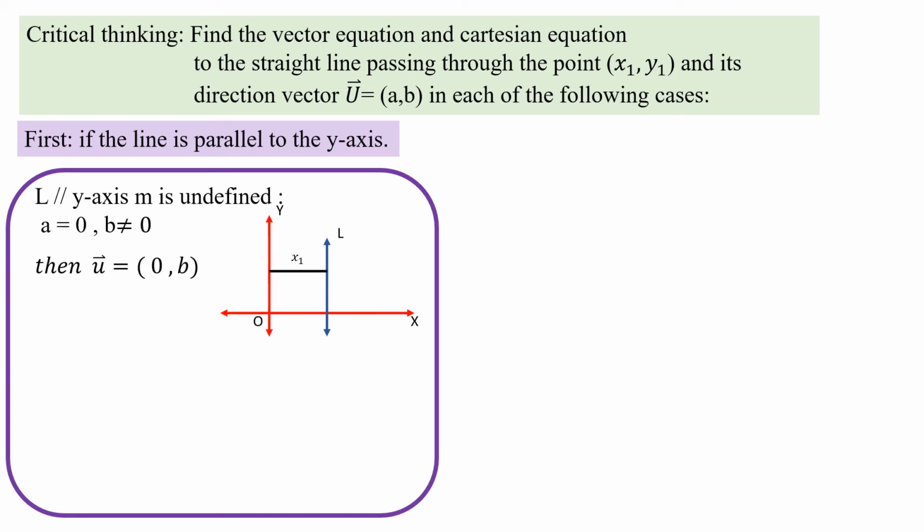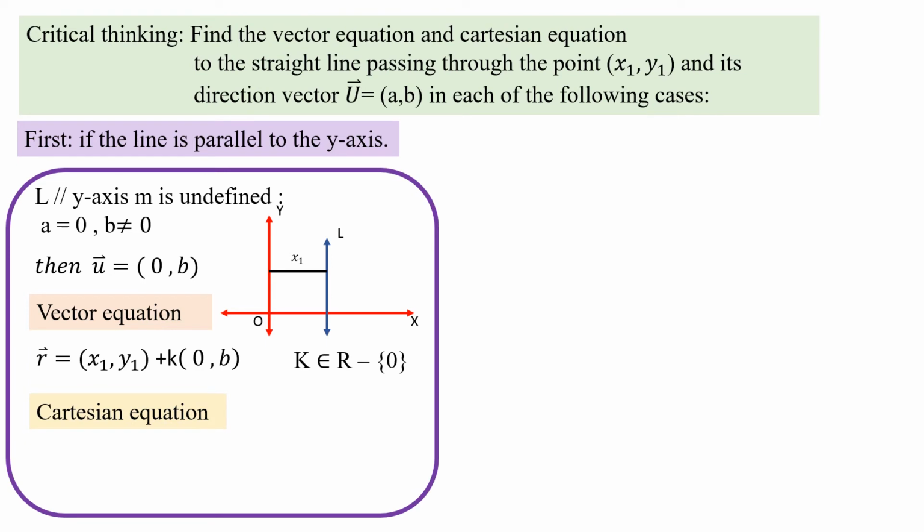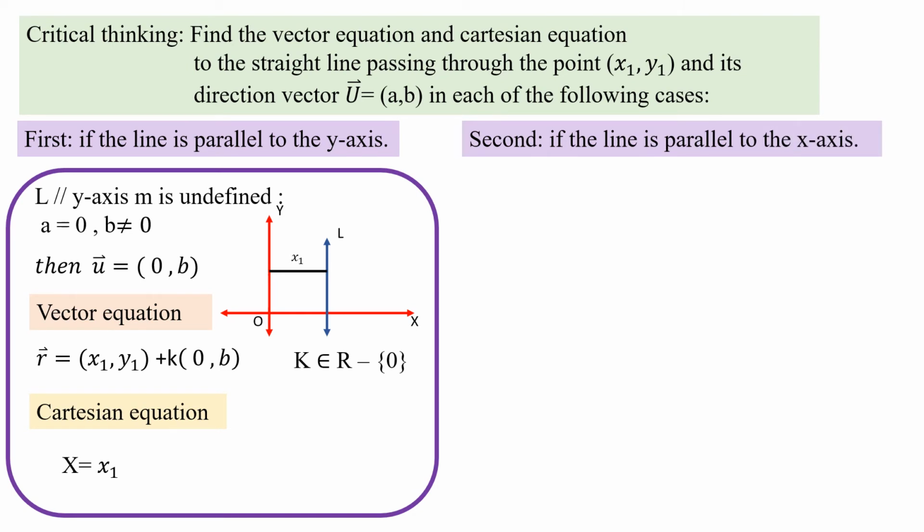Then u vector represented by 0 and b. So the vector equation R equal x1 and y1 plus k multiply 0 and b, so k belong to R except set of 0. So the Cartesian equation x equal x1 and y equal y1 plus kb.